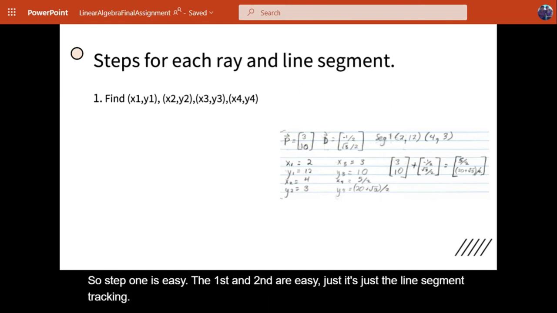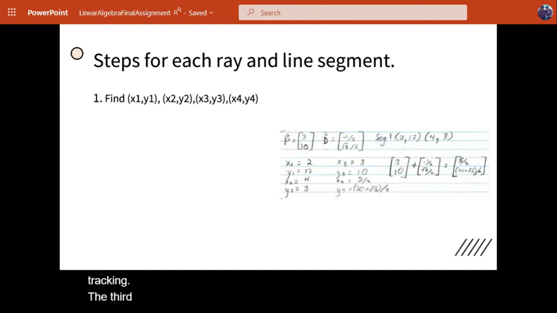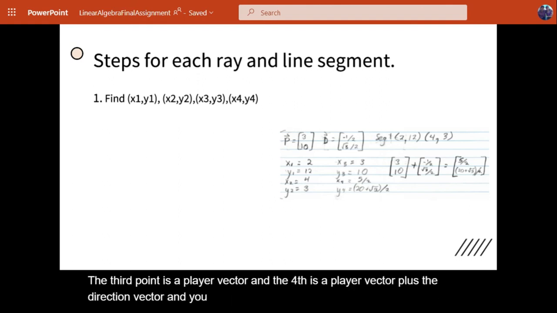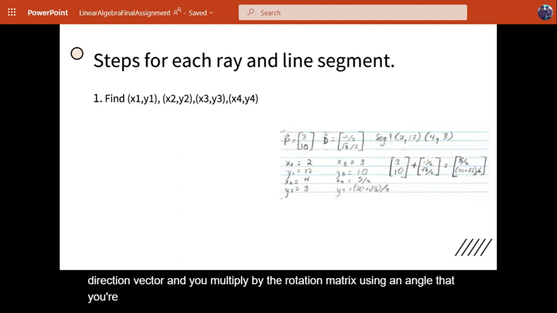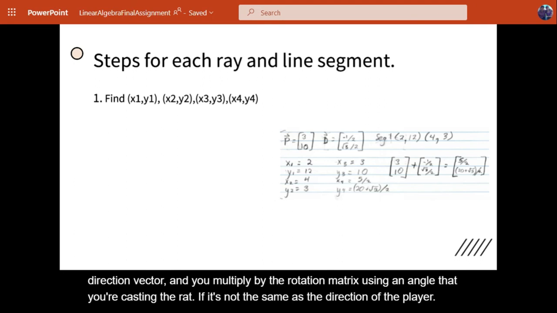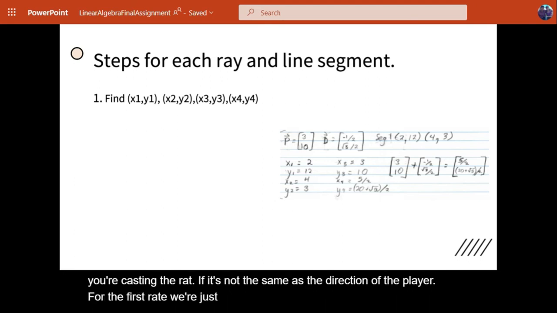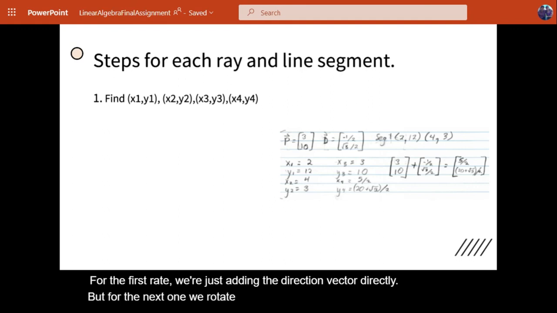The third point is the player vector, and the fourth is the player vector plus the direction vector. And you multiply by the rotation matrix using the angle that you're casting the ray at, if it's not the same as the direction of the player. For the first ray, we're just adding the direction vector directly, but for the next one, we rotate by 90 degrees.